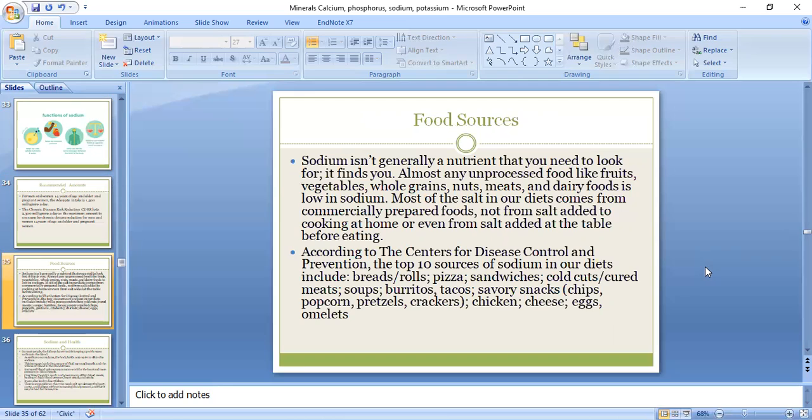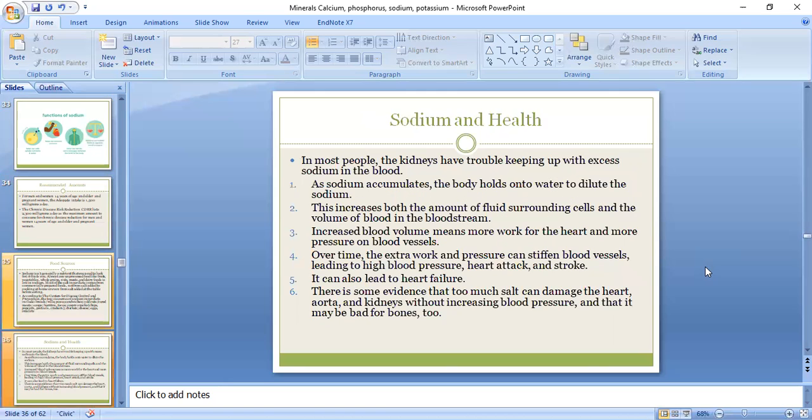According to the CDC, top 10 sources of sodium in our diets include breads and rolls, pizza, sandwiches, cold cuts, cured meats, soup, burritos, tacos, savory snacks like chips, popcorn, pretzels, crackers, chicken, cheese, eggs, and omelette.